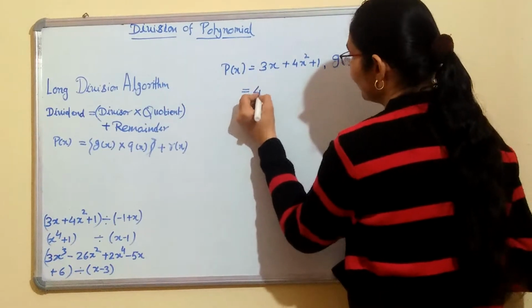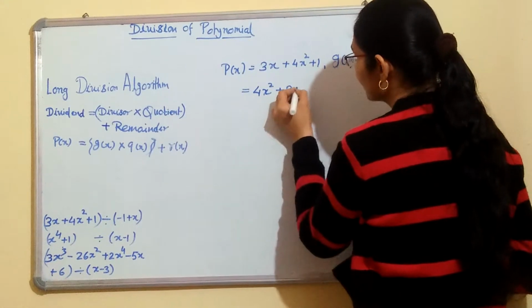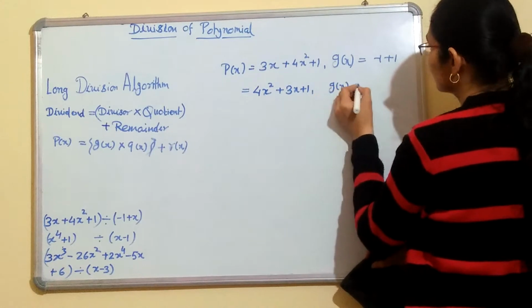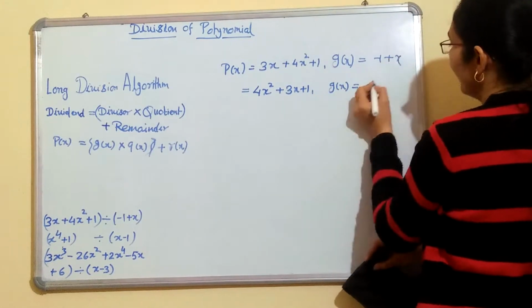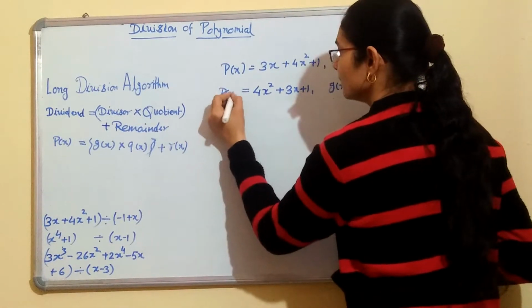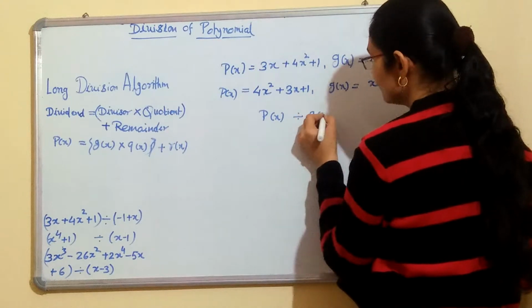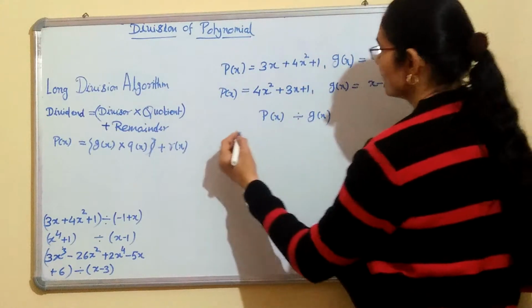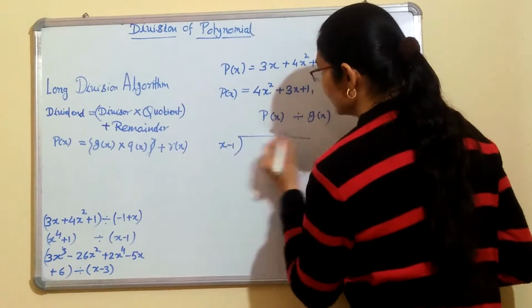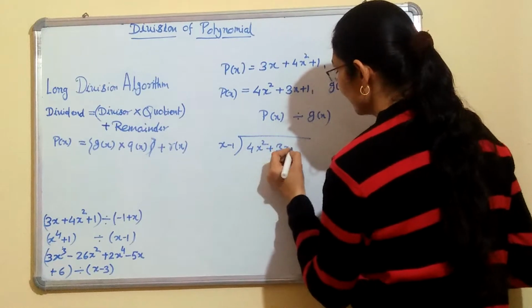So we write p(x) equals 4x square plus 3x plus 1, and g(x) equals x minus 1. Now p(x) divided by g(x), so we write x minus 1 and 4x square plus 3x plus 1.